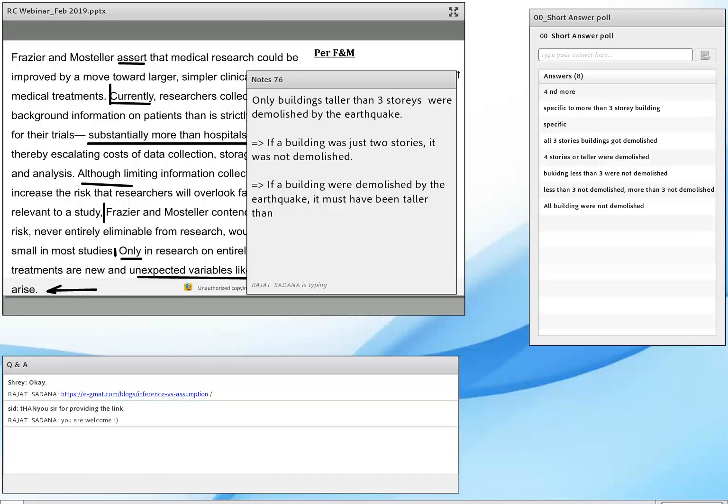You can also infer that all buildings weren't demolished, probably. Why? Because there could be, yeah. Then the other piece is, tell me about this statement. Can you infer this statement?